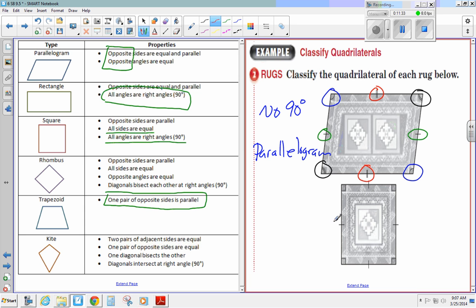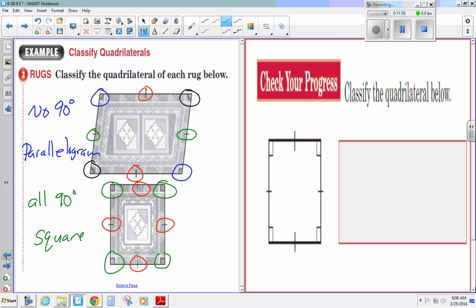Notice this next one. It doesn't look like it is, but all of this stuff right here, all of them are congruent. They're the same. The angles are all the same. So since everything is the same about this, and all 90 degrees, you say that this is a square. All right, let's classify this quadrilateral.